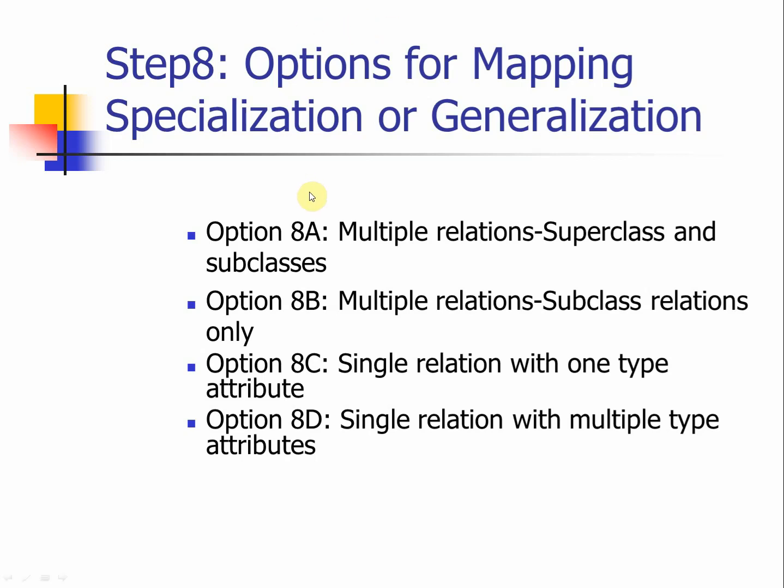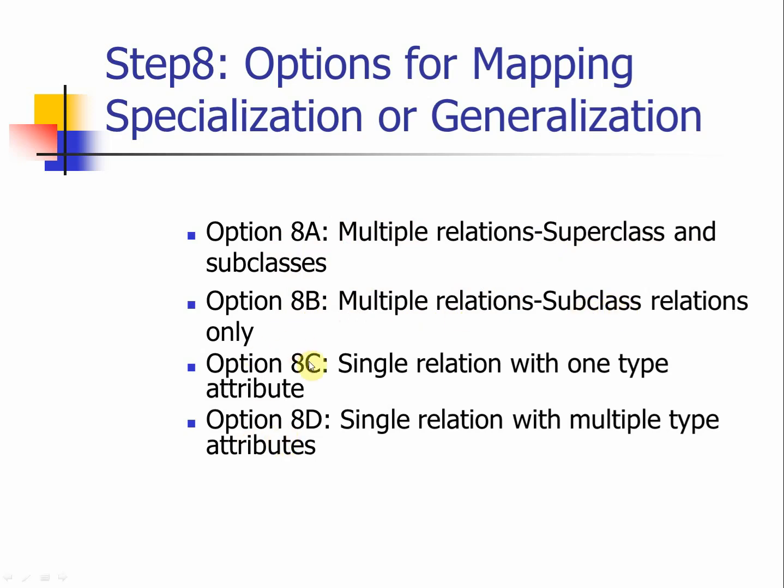There are 4 choices. The first 2 choices have 2 things in common. It's about multiple relations, and they will create superclass and subclasses to form multiple relations. Choice B still has multiple relations, but you will have subclasses only.